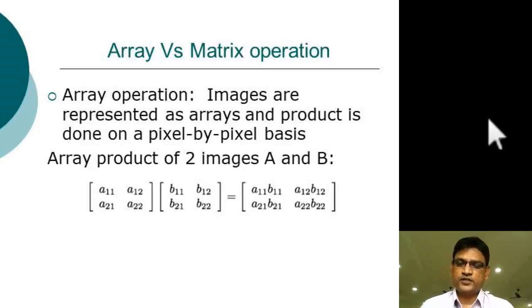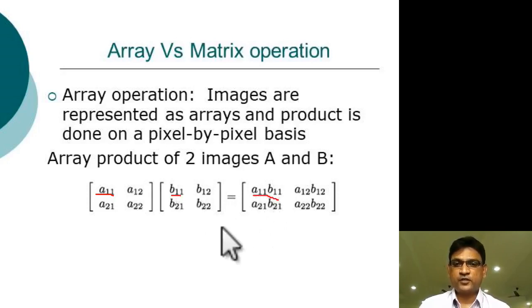So we know what a matrix is. In general, an image is represented as a two-dimensional array. Here we can see one image of 2 by 2 and another image. The array product is performed pixel by pixel: a pixel in one location and the pixel in the same location of the second image, we multiply like this.